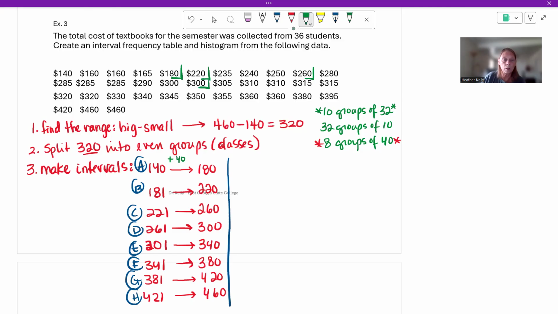There's another mark. 300 to 340. There we go. 341 to 380. There we go. 381 to 420. There we go. And 421 to 460. If you do that, it just makes it really easy to see it, right? So let me do this too, so I can keep the numbers kind of straight.